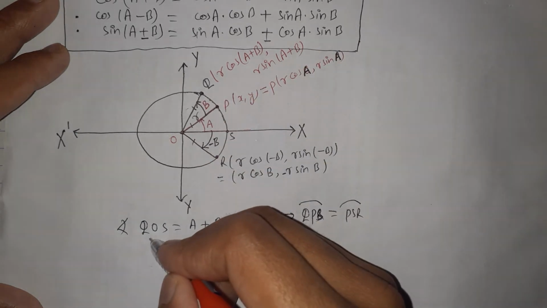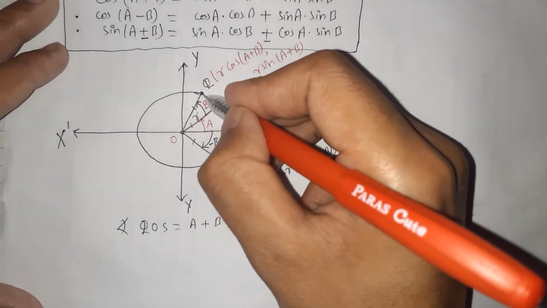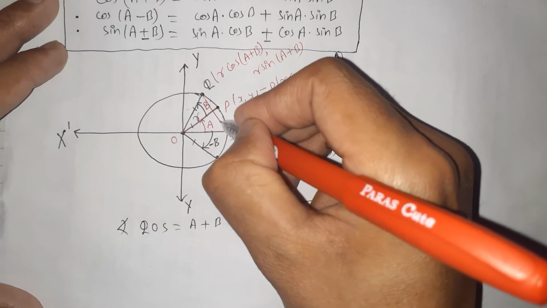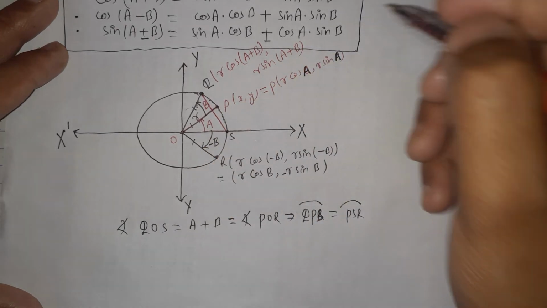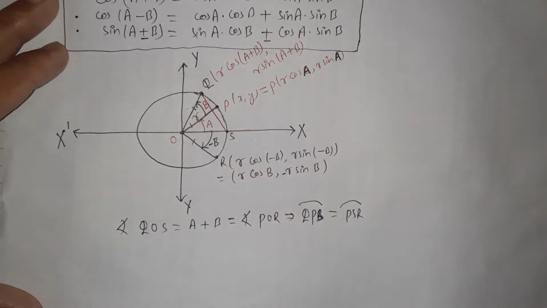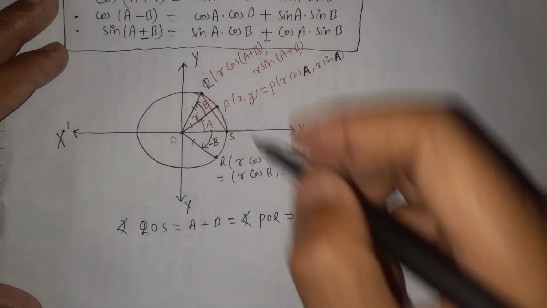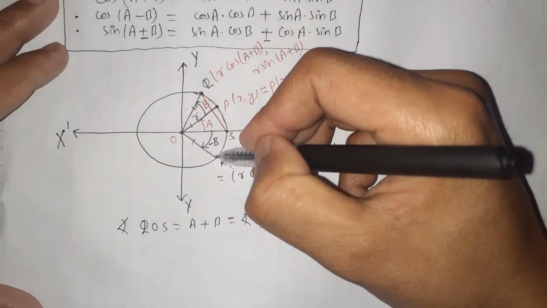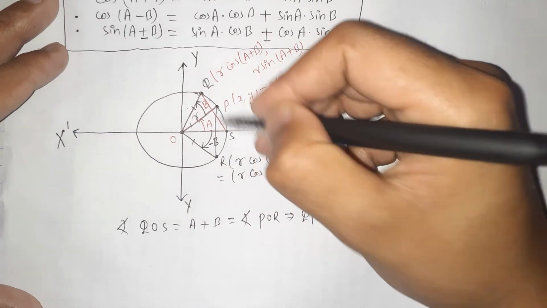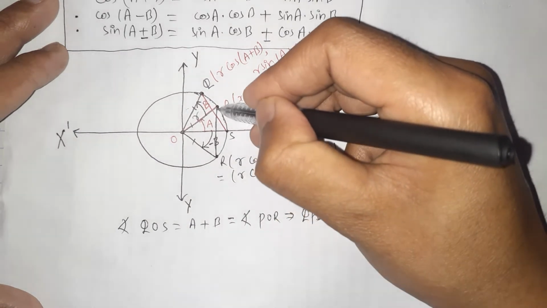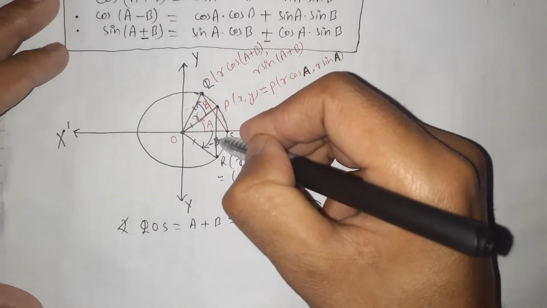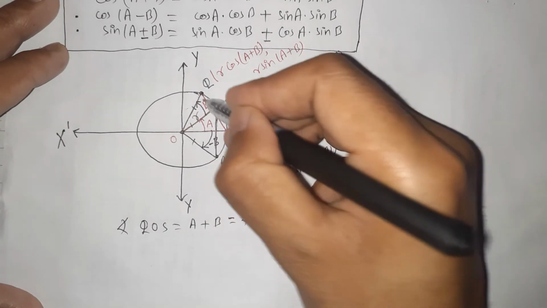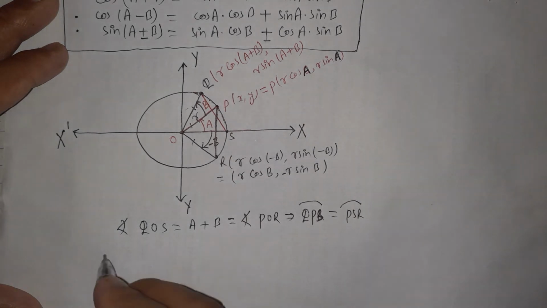The corresponding chord with respect to the angle QOS is this chord QS. Let's join QS, and the other chord with respect to the angle POR is this chord PR, and they are also equal. Here we connect these two points and form a chord.